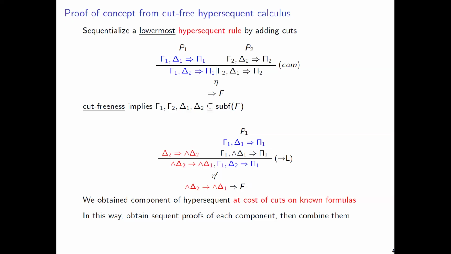And the answer here is, you can see this is delta 2 implies delta 1. If you did the same game on this component, you would get delta 1 implies delta 2. And it's not shown here, but the corresponding axiom for this is prelinearity, in an intuitionistic context, which is P implies Q or Q implies P. So what happens is that you can actually remove this by a cut. You do have to put a cut into the proof, but the cut is now on subformulas of F.